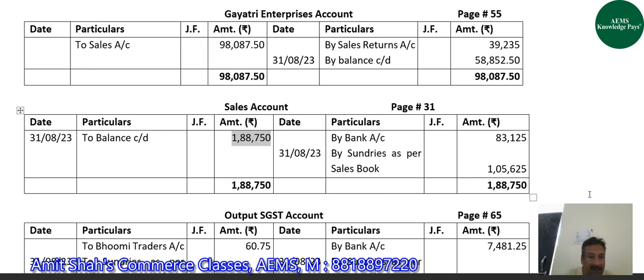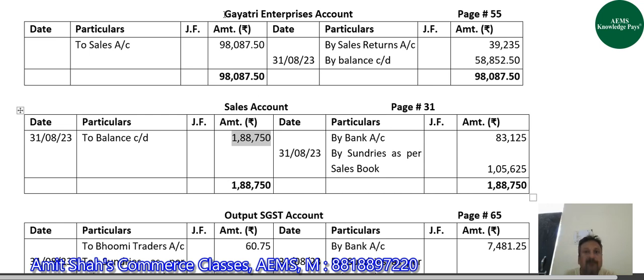Done, right, guys, all? Till sales account. Ashutosh, Aryan, Anushka, Hunar. Yes, sir.